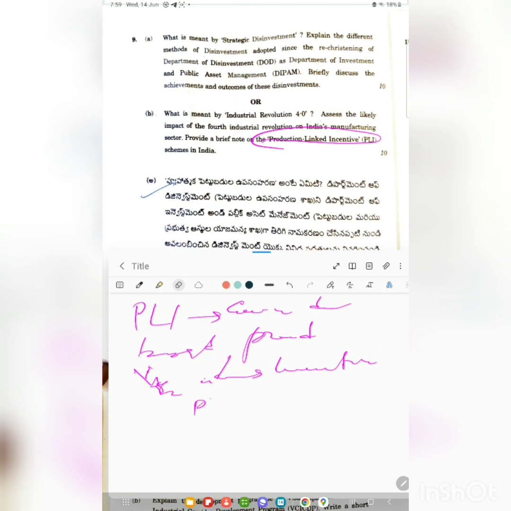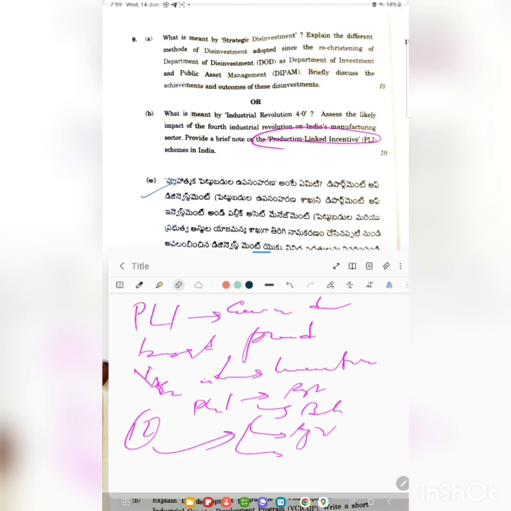I simply wrote that the PLI scheme operates in various sectors like agro-based industry, defense sector, and agro-processing industry. So roughly around 12 sectors.